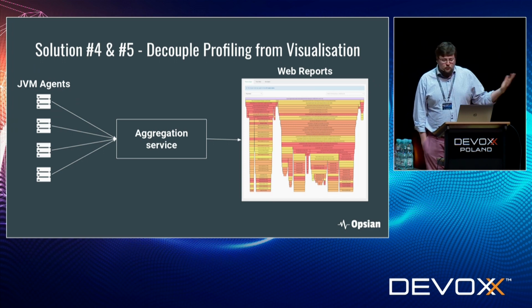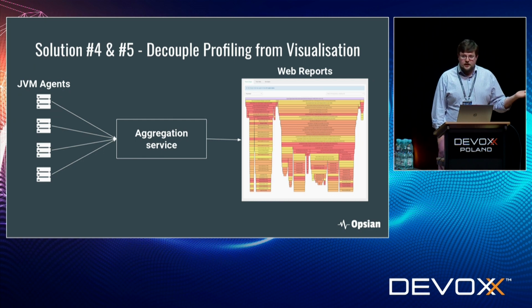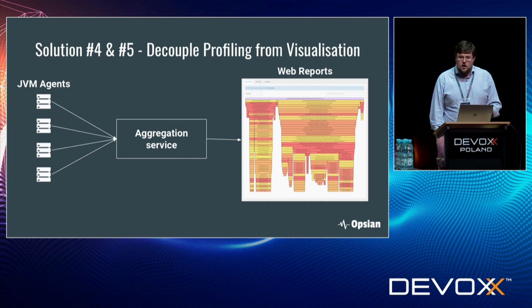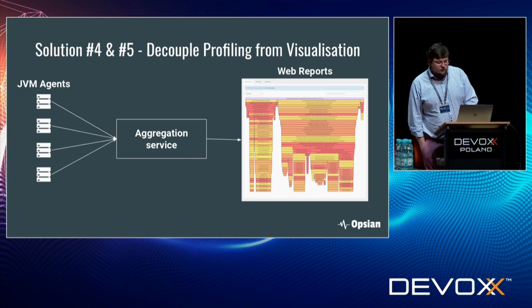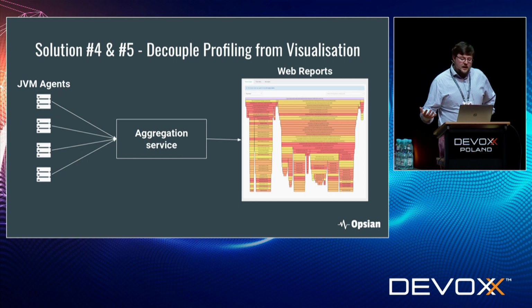At Opsian, we do this kind of stuff, but we're not the only organization who's come up with that idea. Google, a number of years ago, released a paper called Google-wide profiling, where they talked quite extensively about how they were aggregating their profiling data and keeping those kinds of always-on continuous profiling solutions.